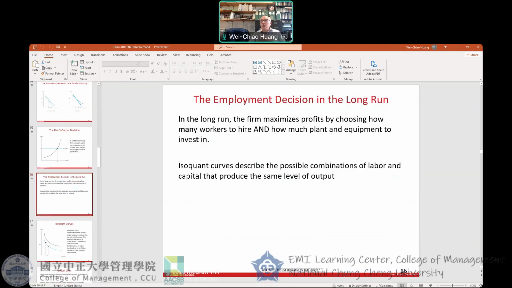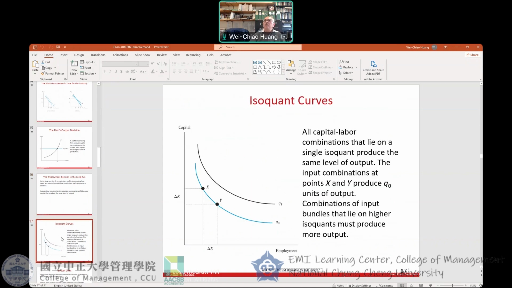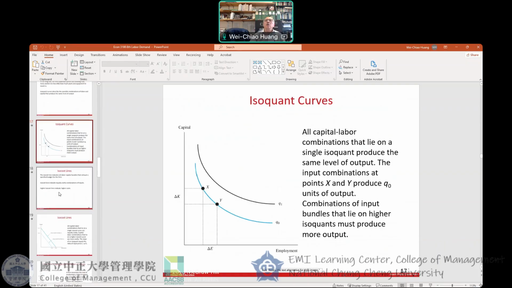Employment decisions in the long run, where we introduced the concept of isoquant curves, which is a little bit like an indifference curve in a different context. And then you have the slope of the isoquant being the so-called marginal rate of technical substitution.